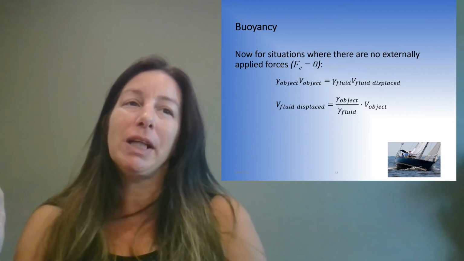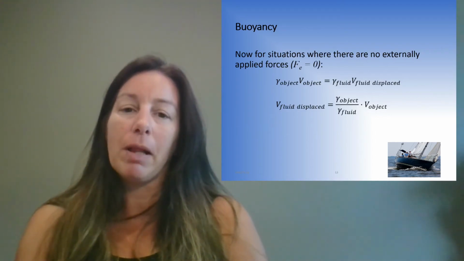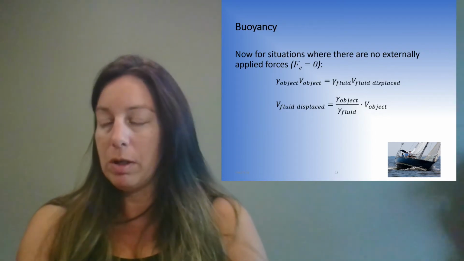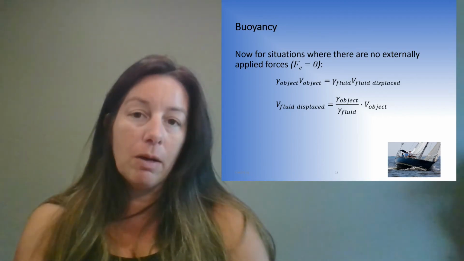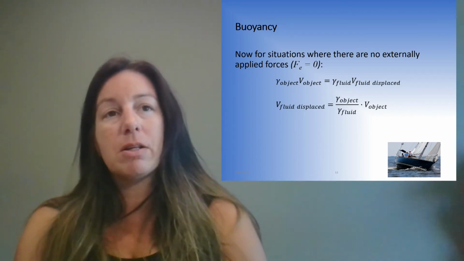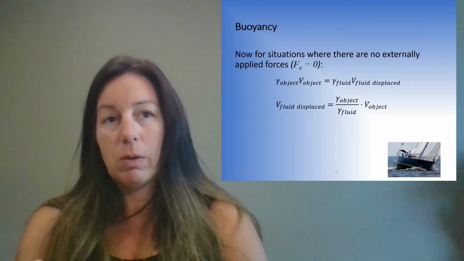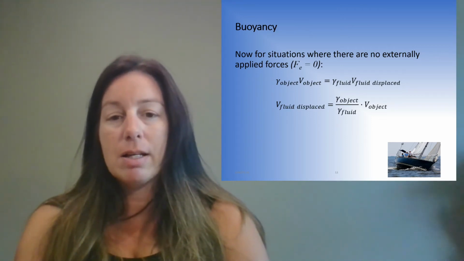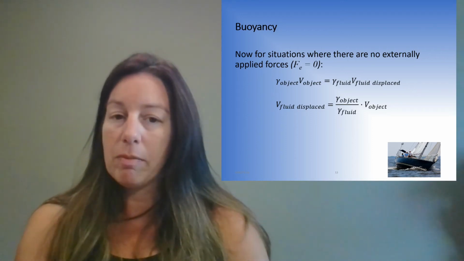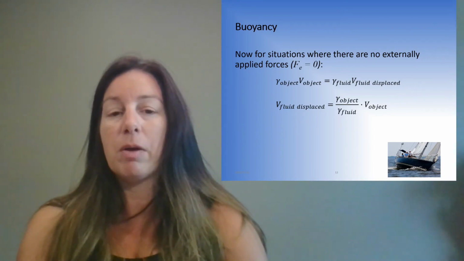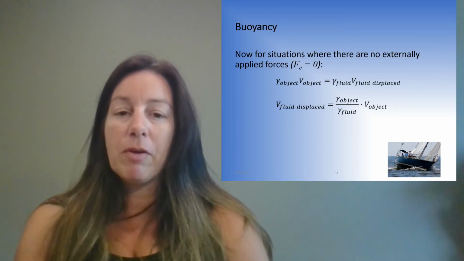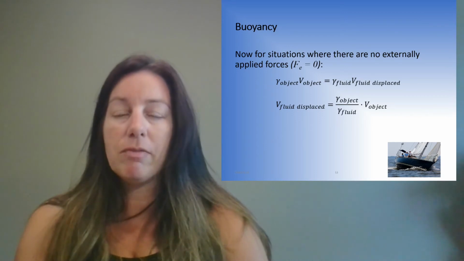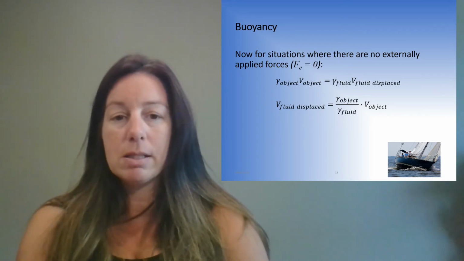So for situations where there's no externally applied load, before we were pretending there was a rope holding it down for deriving these equations, but let's pretend there is no rope trying to hold it down. So basically you've got the unit weight of the object times the volume of the object. It's going to be equal to the specific weight of the fluid times the volume that happens to be displaced.